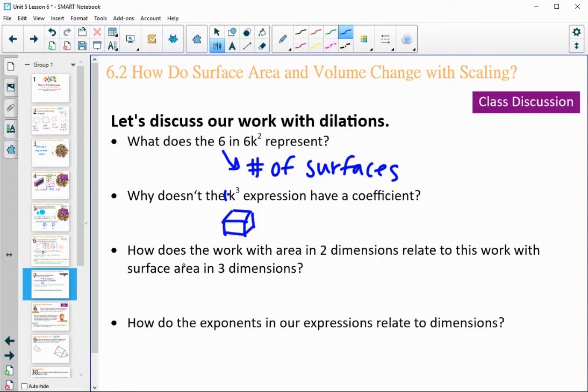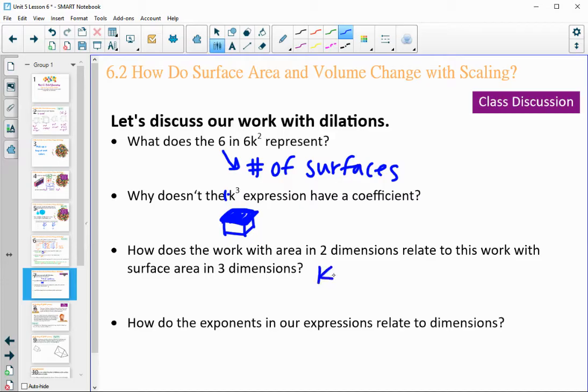And then how does the work with area in 2 dimensions relate to this work with surface area in 3 dimensions? So you still are getting that k squared, but now there's a bunch of different surfaces. So you're not working with just one 2-dimensional shape, but you are working with 2D surfaces on the 3-dimensional figure.